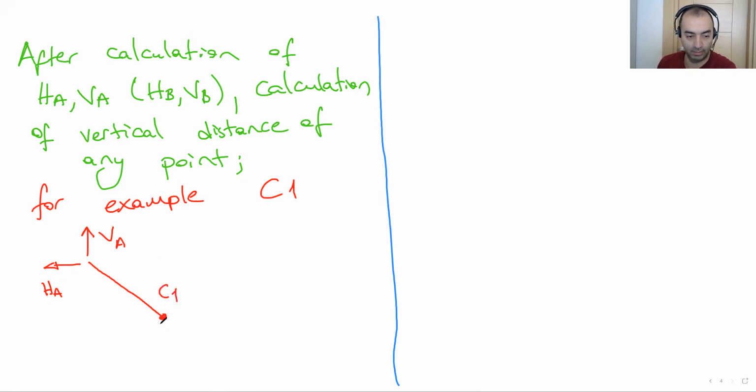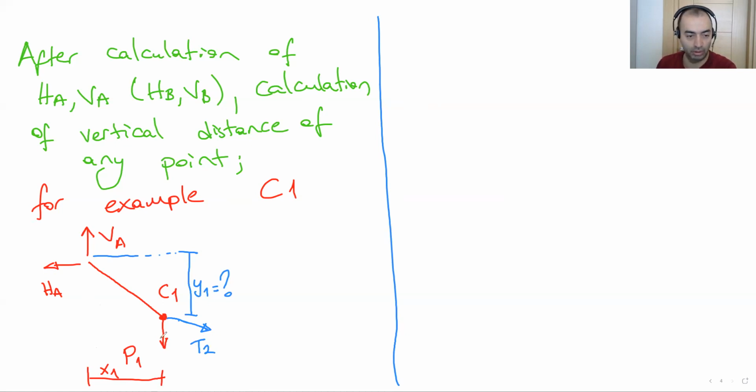Here is P1, and this is the distance x1. Here we have a cable load P2. Now, under this loading, what are we looking for? We are looking for this one, Y1. What is this? From the support A.